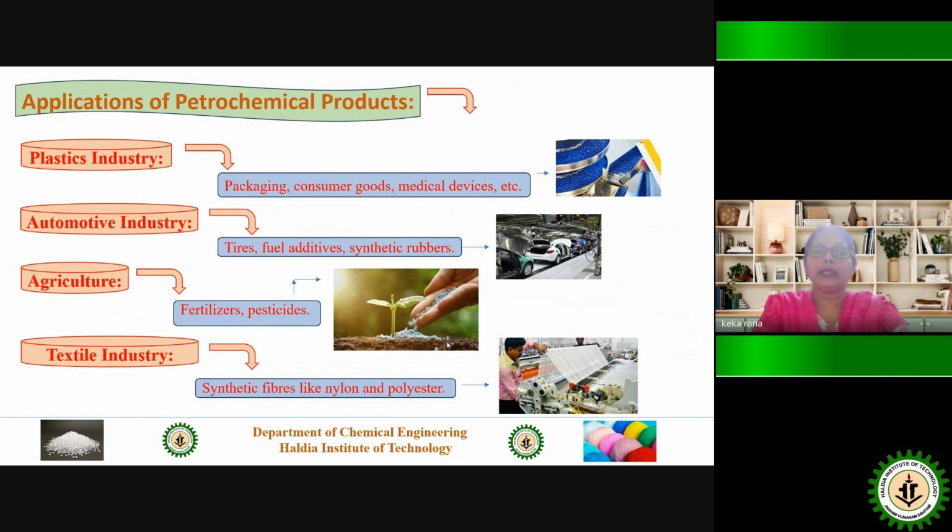Then again you go for the agricultural industry, where you require fertilizers and pesticides, and we have to depend upon urea and ammonia for that. Then come to the textile industry, and the term that comes to our mind is fiber. We are all familiar with acrylic fiber.